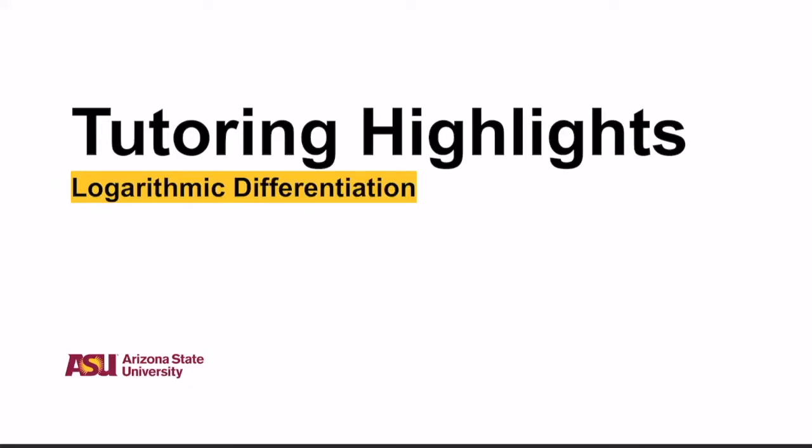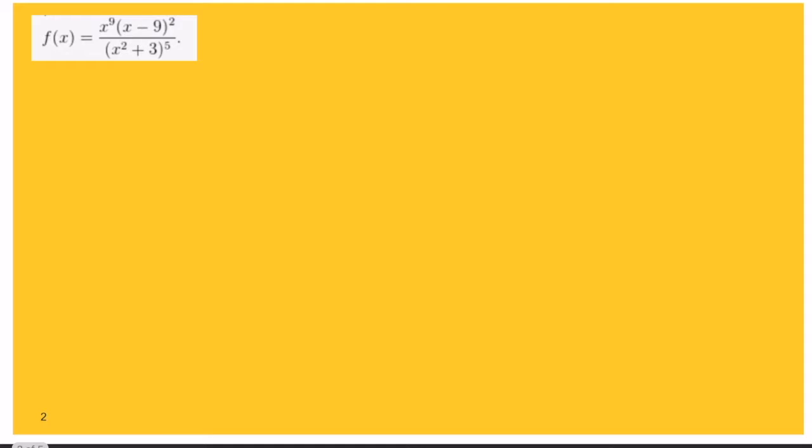Hello. So today we are basically going to learn what logarithmic differentiation is and where this technique of differentiation is going to be useful. We're given a function f of x and we need to find the derivative of this function. As you can see, this function is actually very complicated.